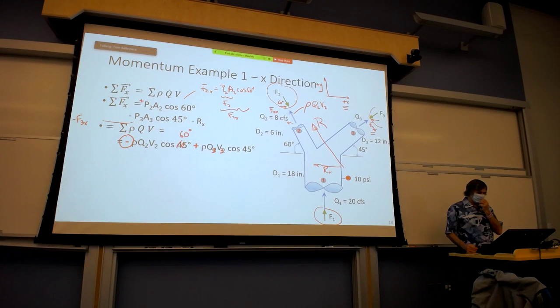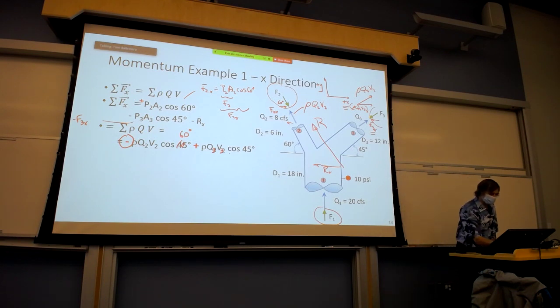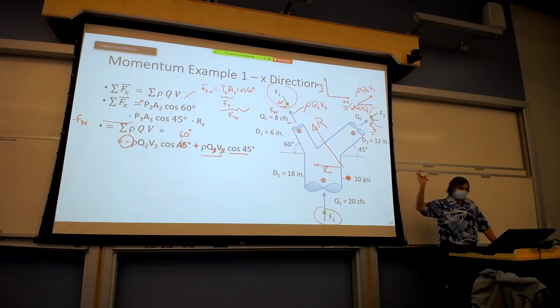Okay. And similarly, at location 3, we have rho Q3 V3, and it's got a component in the x direction. So that x component, again, just like the forces, is cosine 45. Rho Q3 V3 cosine 45 degrees is the component in the x direction.